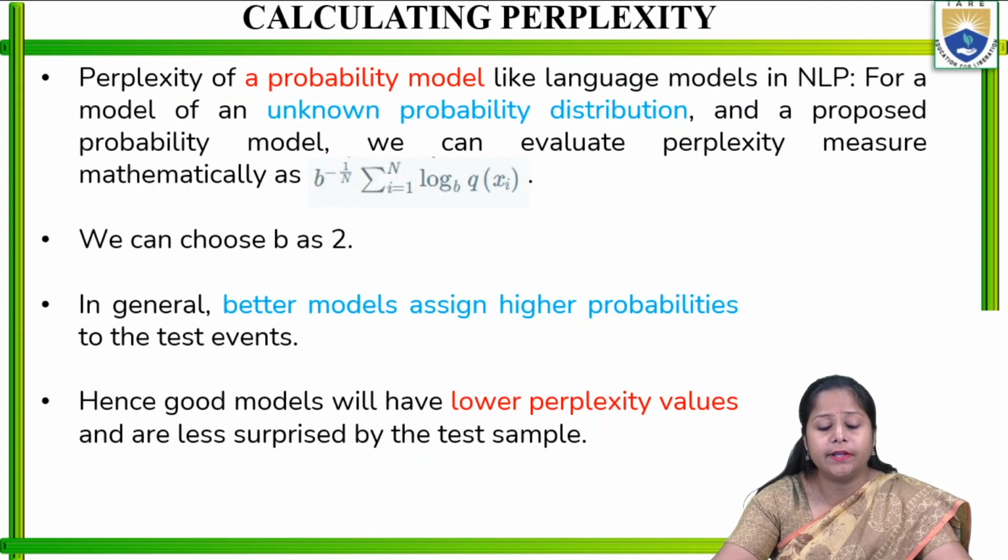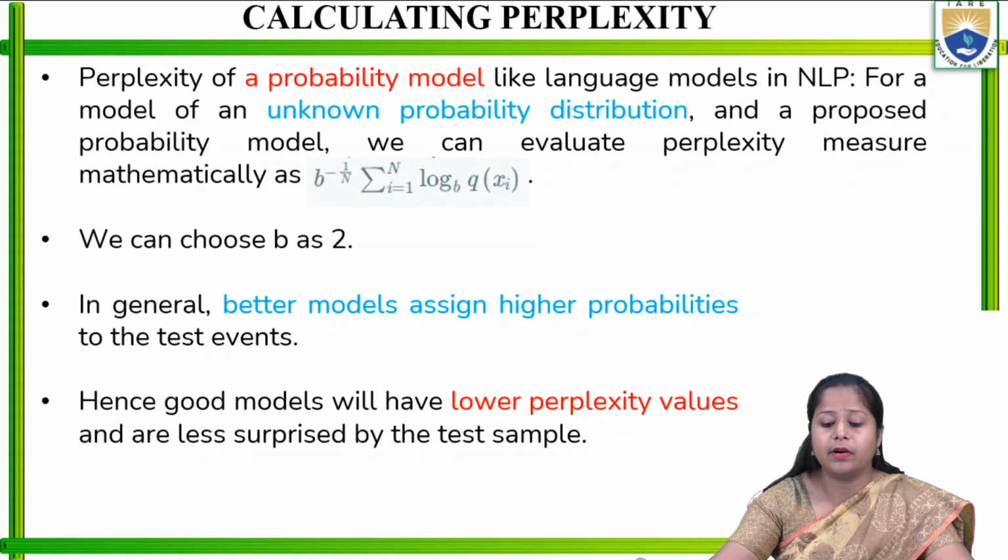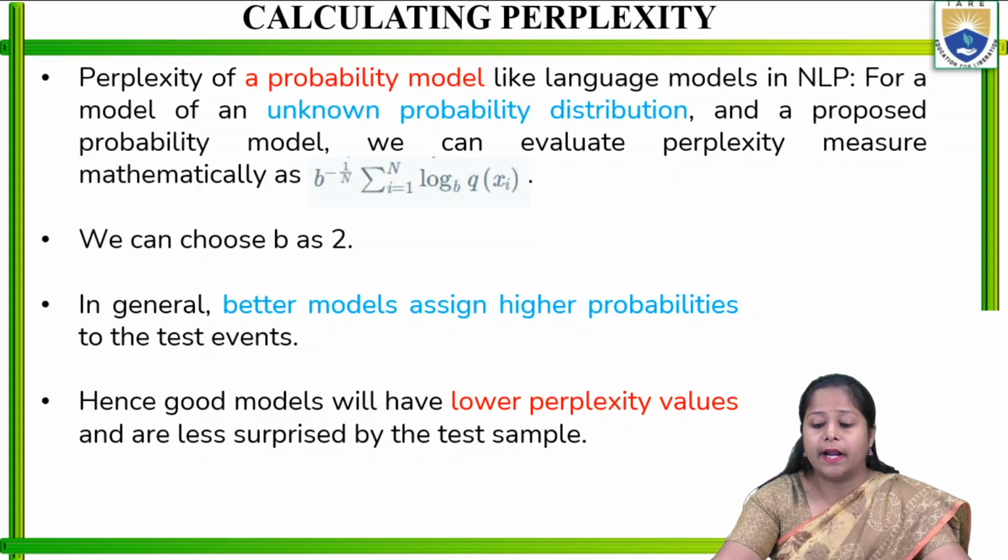How do we calculate the perplexity of a language model? In NLP, a language model is a probability model for unknown probability distributions. For a proposed probability model q, we can evaluate the perplexity measure with one formula: b to the power of minus 1 by n, summation of i equals 1 to n, log base b of q of xi.